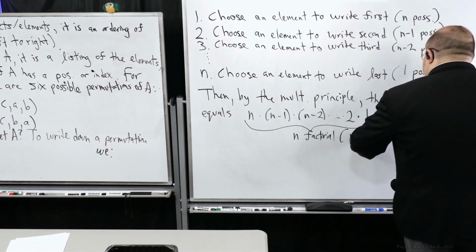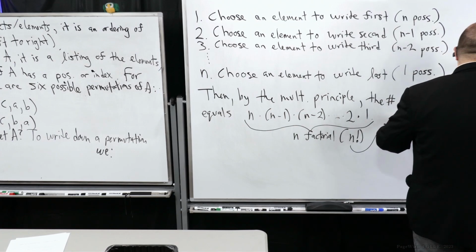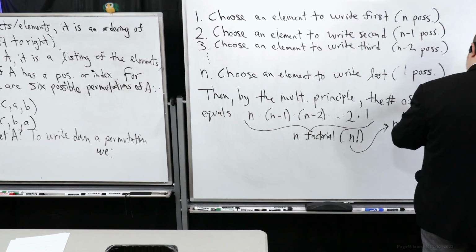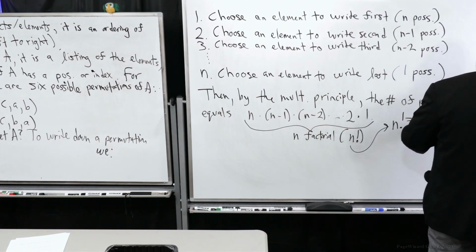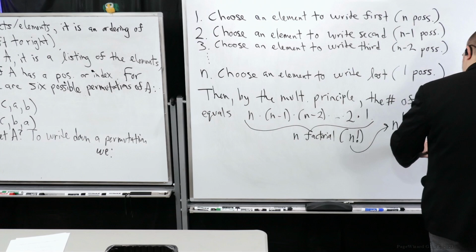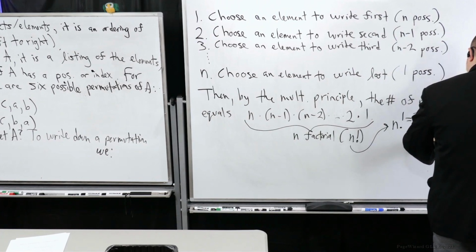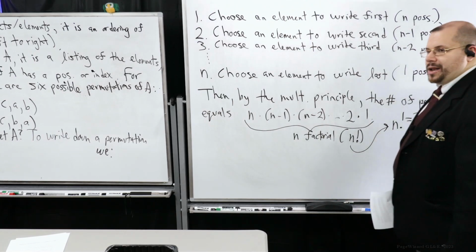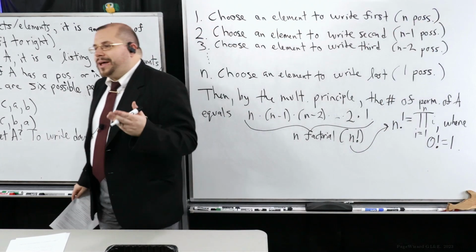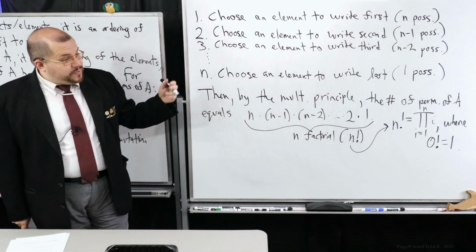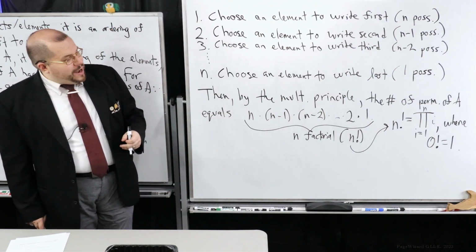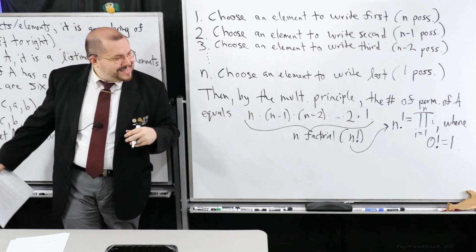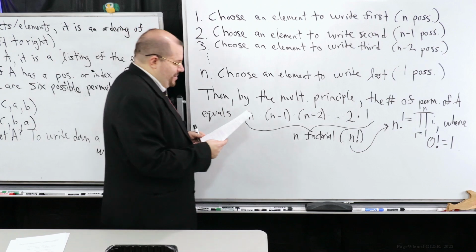Just to be clear, n factorial equals the product from i equals 1 to n of i, where we're going to define, or it'll make sense when I explain it, hopefully, that 0 factorial is going to be equal to 1. So you're allowed to take on value 0 and above for an integer, and that's how we define n factorial for counting permutations. There's a very combinatorial meaning, okay?